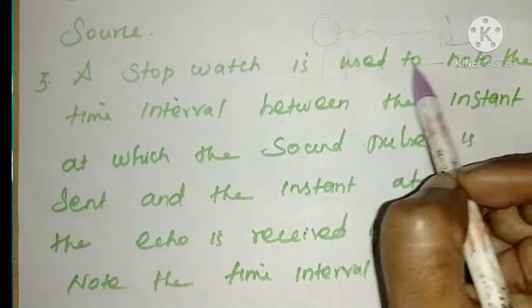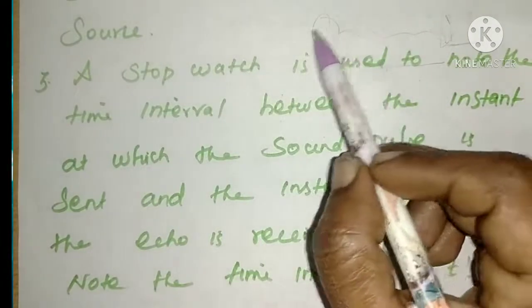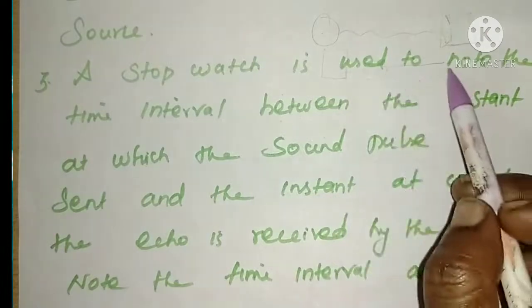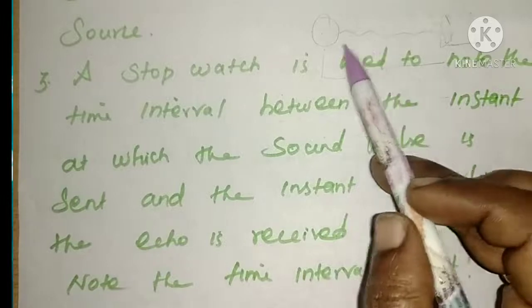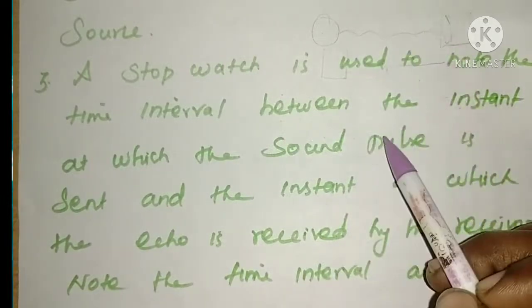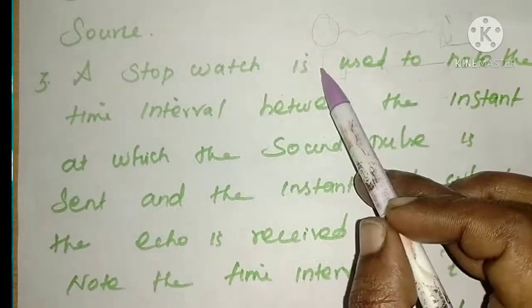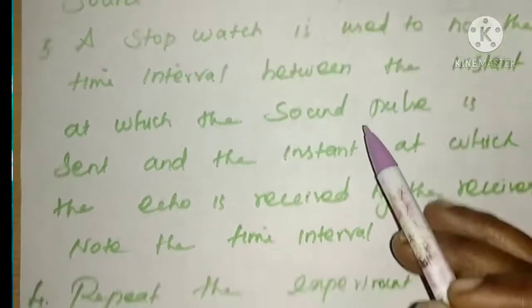So for the receiving signals also, how much time it has taken. You have to turn on the stopwatch and note the time interval between the instant at which the sound pulse is sent and the instant at which the echo is received by the receiver. That time interval also you have to note down. That is the third point.